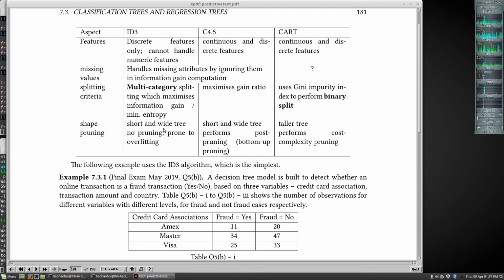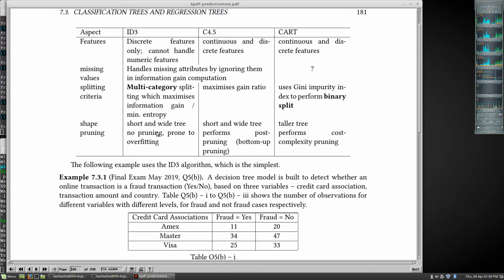Why is it wider? Because if we have a lot of different subcategories in a particular feature, then we will have many branches. We'll mention this again when we go to the tutorial and exercises.